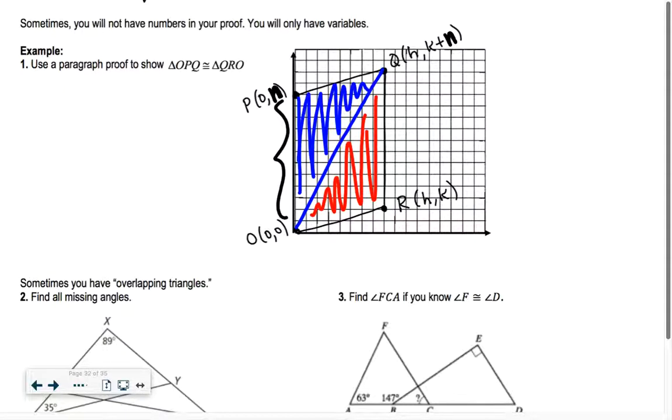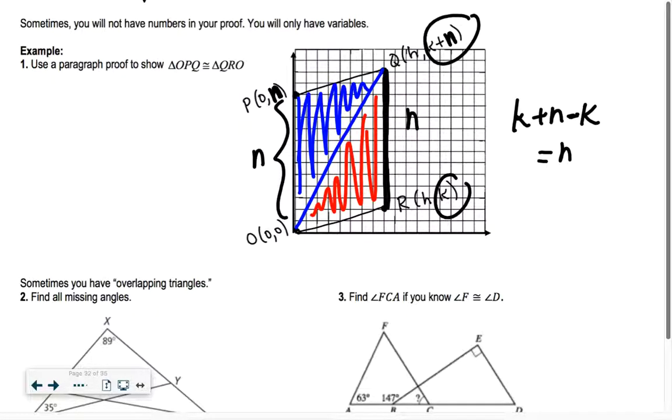So that distance is N. What's this distance over here? Look at it. We go from a height of K plus N to K. If I do K plus N minus K, what do I get? N. Do you guys understand that? Yeah. Just because it's letters, don't let it freak you out.